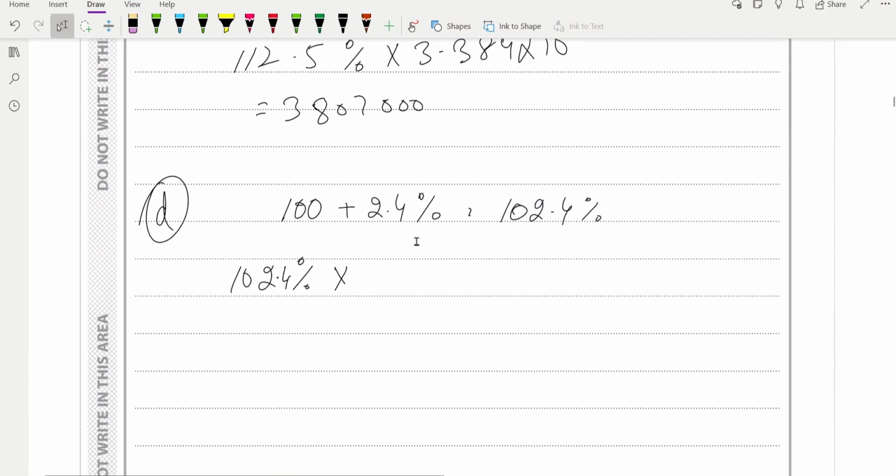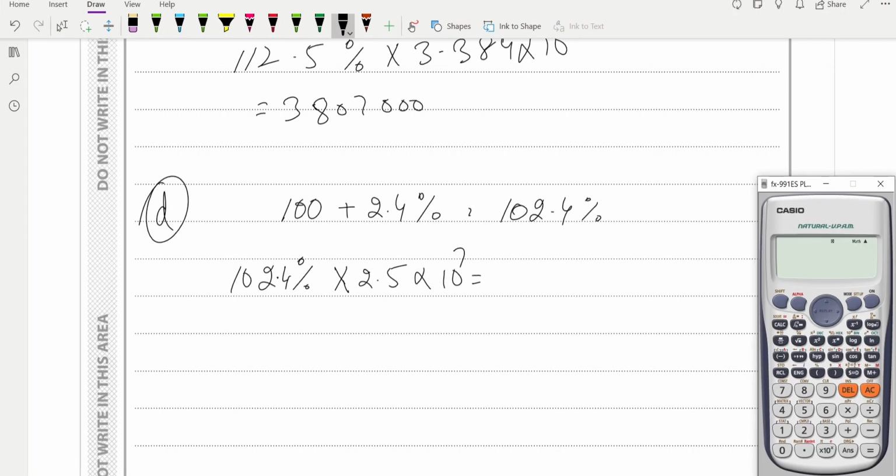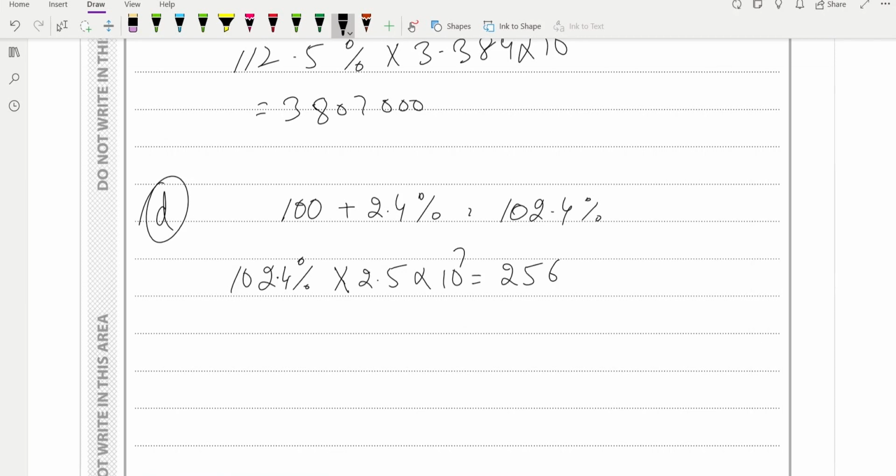So we'll write here 2.5 into 10 raised to the power 7, and 102.4% of this will give us 256 and 5 zeros. This will be the number after the increment.